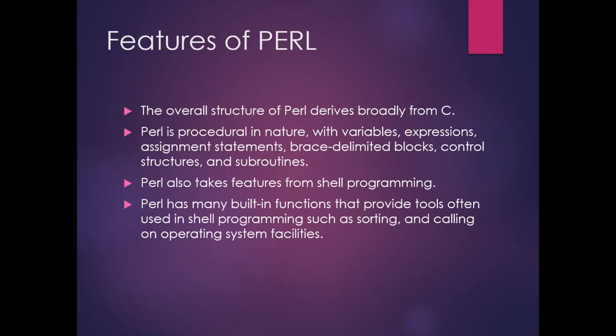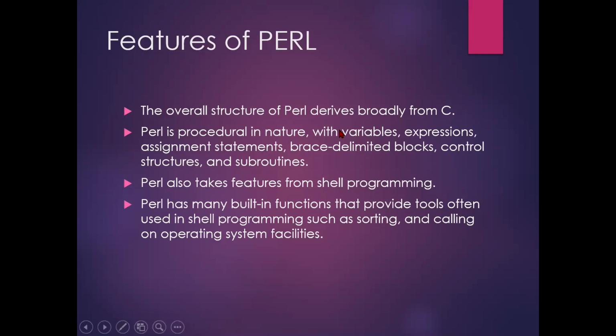Moving on, what are the features of the Perl programming language? As I told you earlier, it borrows several features from other programming languages, but if you look at the overall structure of Perl, it derives broadly from the C programming language. It is procedural in nature, with features like variables, expressions, assignment statements, brace-delimited blocks, control structures, and subroutines.